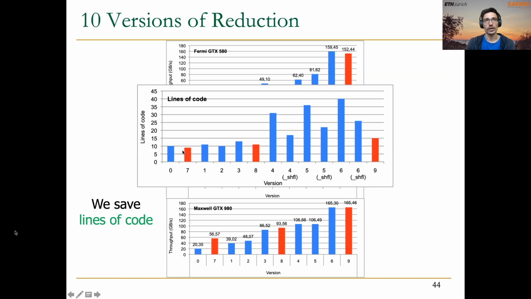Observe how version 7 uses fewer lines of code than version 0. Version 8 uses less code than version 3, or 9 compared to version 6, regardless of whether version 6 uses shuffle instructions or not. So atomic operations, if the hardware is well optimized, can be very useful for performance and also for programmability because we can save lines of code.